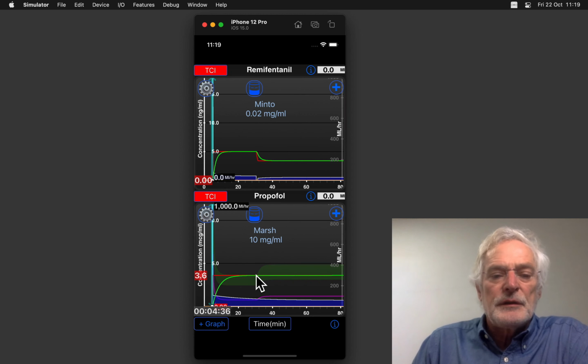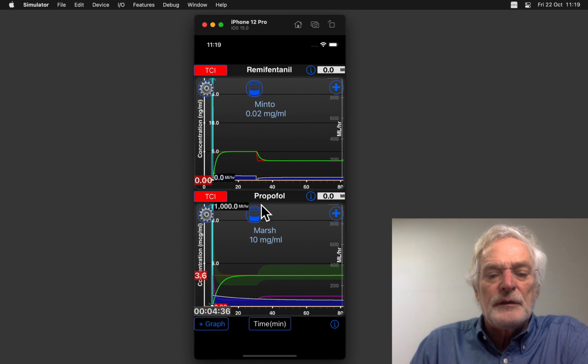But the moment I decrease my remifentanil, you can see that the concentration more closely goes to the 50% adequate anesthesia, which may or may not be too low. You also can see the increase in the 50% edge of being awake and being asleep.